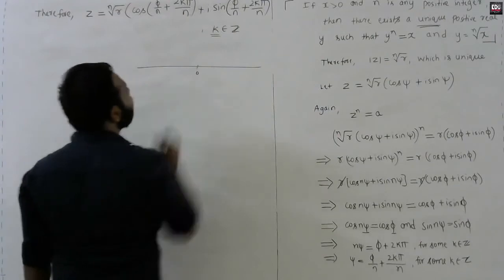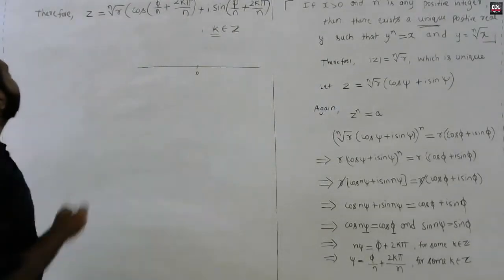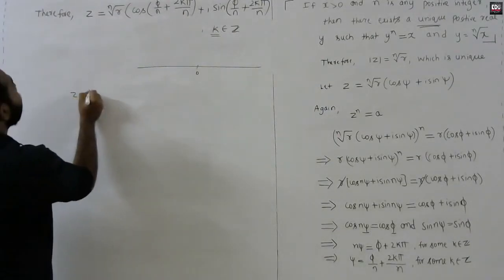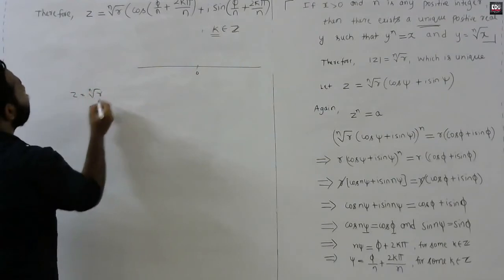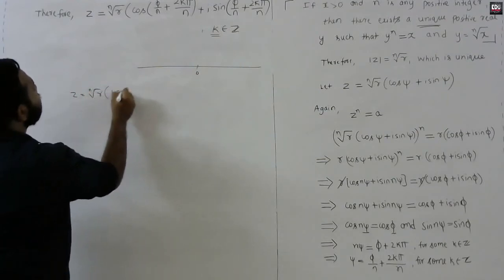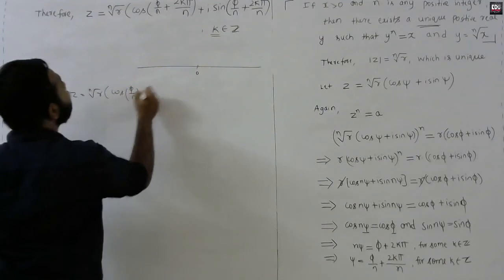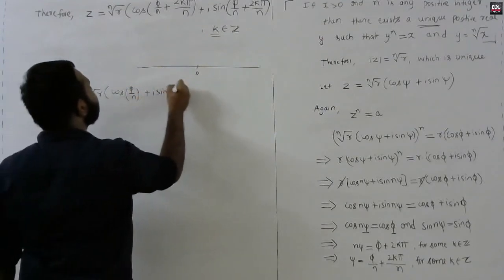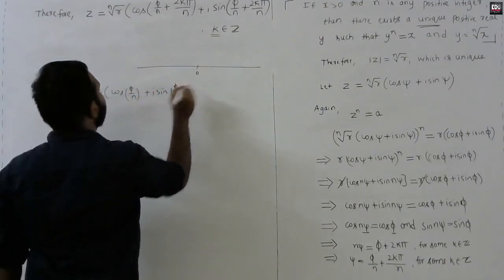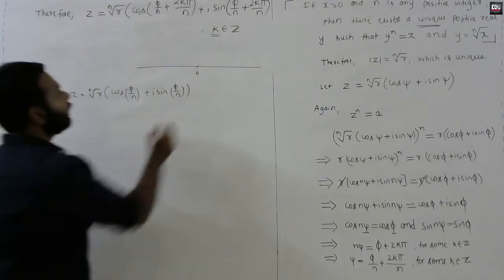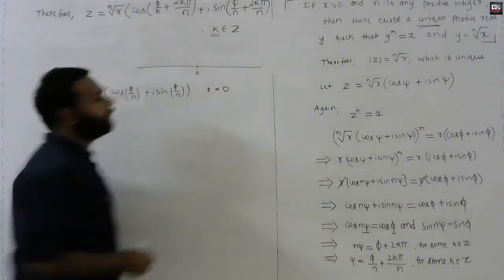So put k equal to 0. Then z will be nth root of r into cos of phi by n plus i sin of phi by n. So this corresponds to the value k equal to 0.